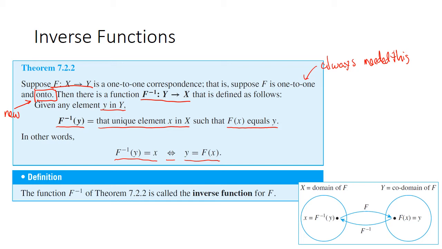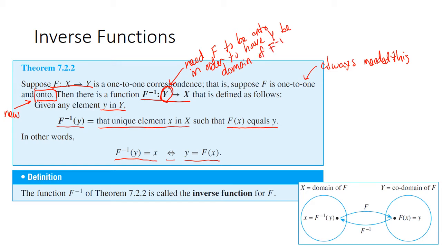The reason you need the function to be onto is that in this definition of an inverse function, we're using Y as the domain of the inverse. So you need f to be onto in order to have Y be the domain of f inverse.